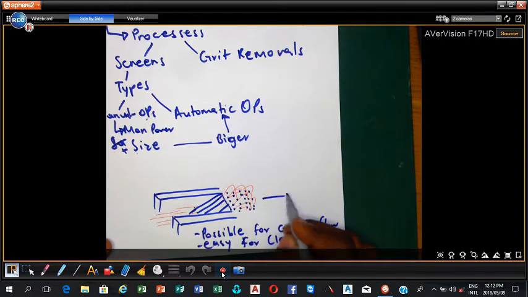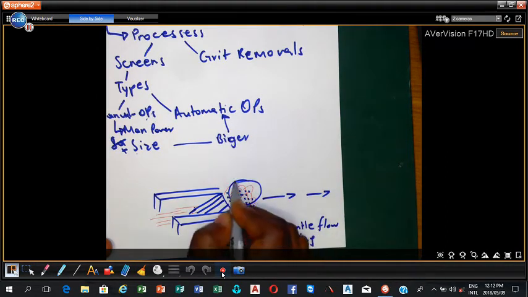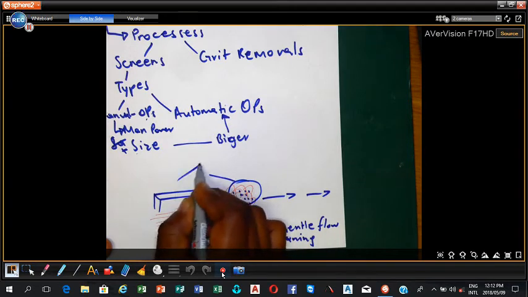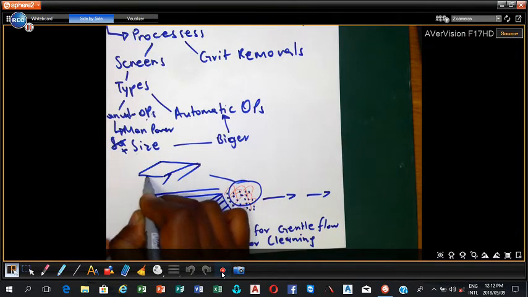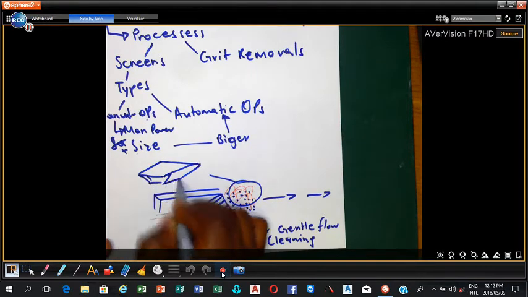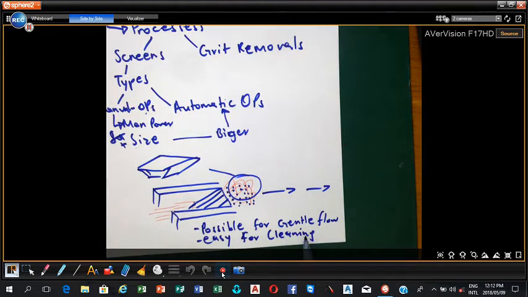Well, the system is flowing in that direction, and then as it dries off, it is then collected to the bin. Once it's collected to a bin, those screenings will be disposed of in various forms.